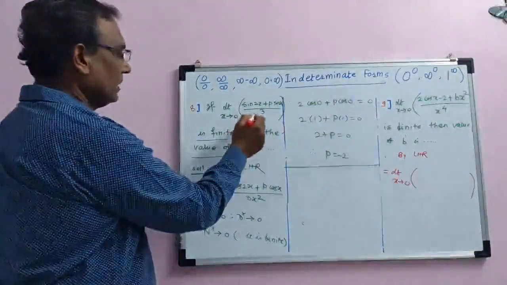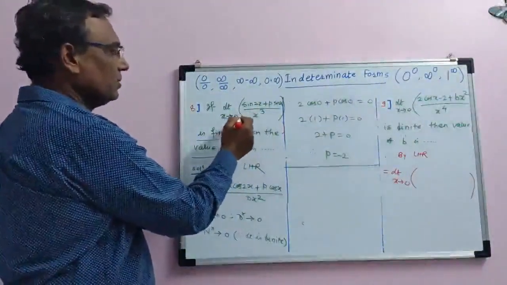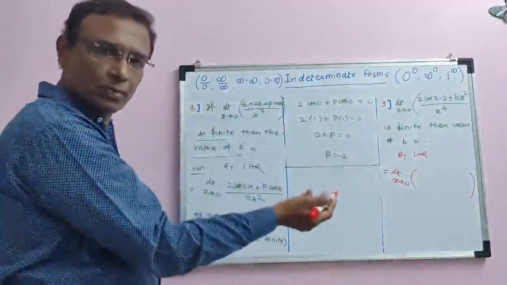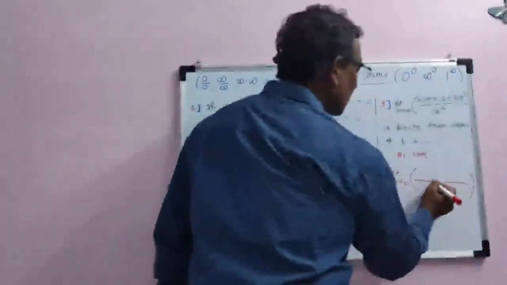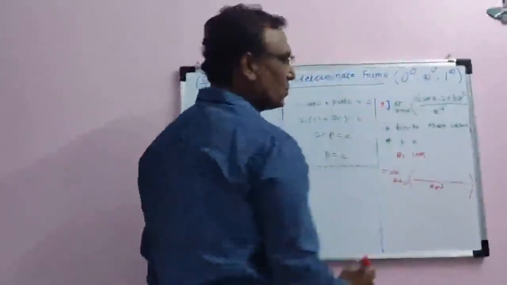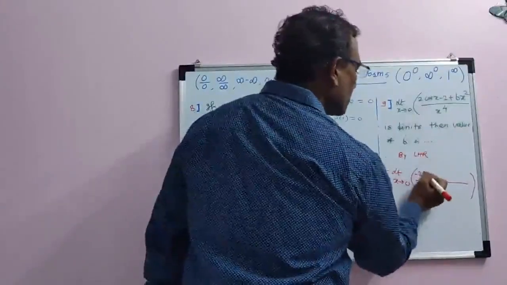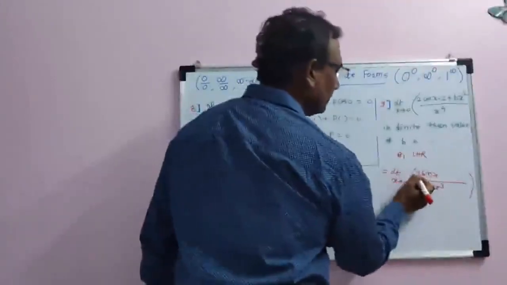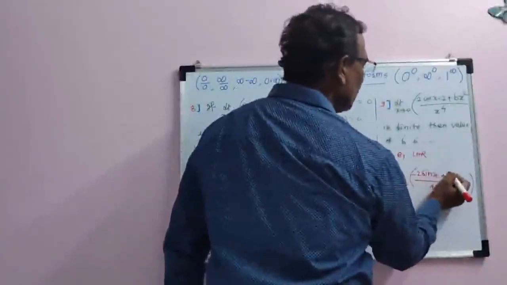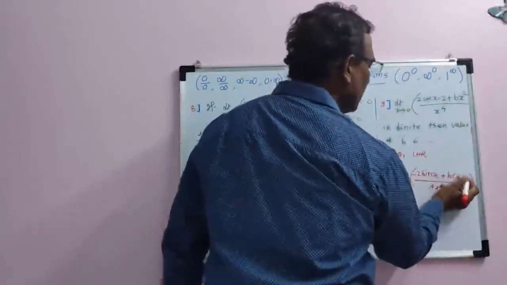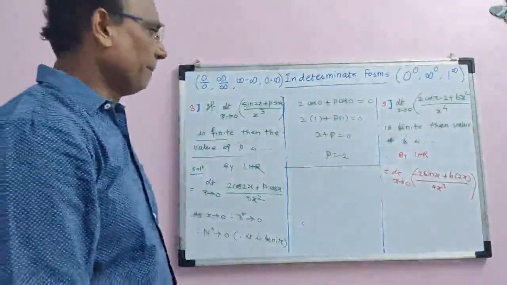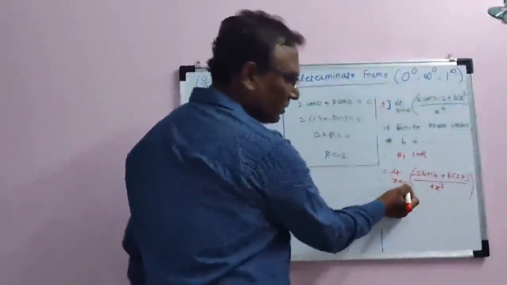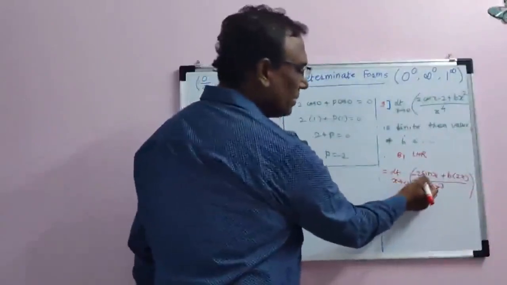Now, by L'Hospital rule, the derivative of x raised to 4, derivative of cos x is sin x with a minus sign, derivative of minus 2 is 0, derivative of x square is 2x, and b is a multiplicative constant. Now, for x equal to 0, the denominator is 0, and the numerator also becomes 0.